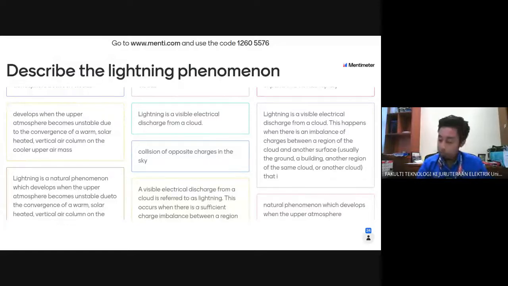Before you know about lightning, you must know about the cloud. From the cloud, the lightning phenomenon will occur. For the first thing, wait for a while.